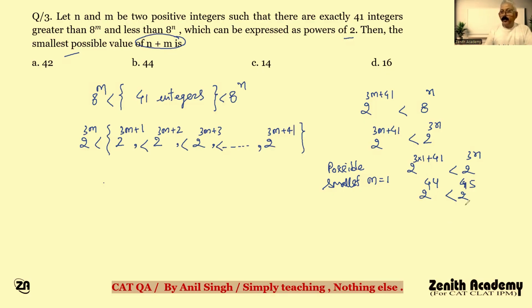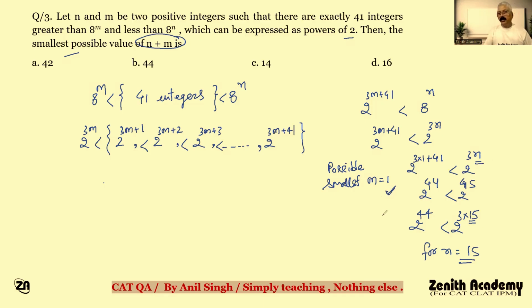So now 2 to the power 45, we can write 2 to the power 3 into 15. So now it is very clear that n is going to be 15. Okay, so n is 15 and m is 1. The possible smallest value of m will be 1.